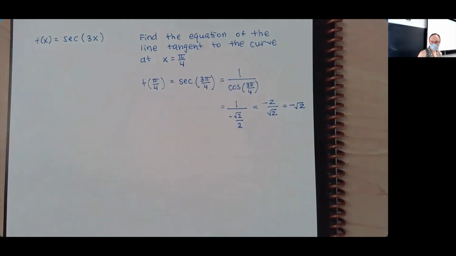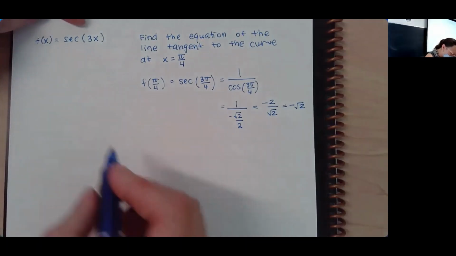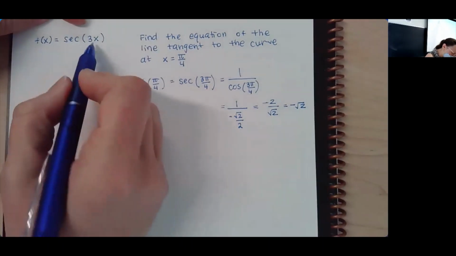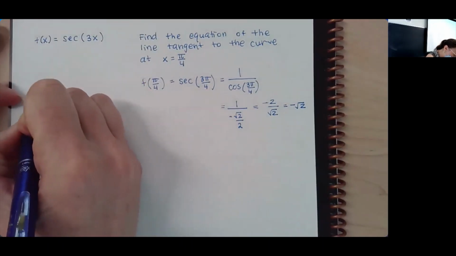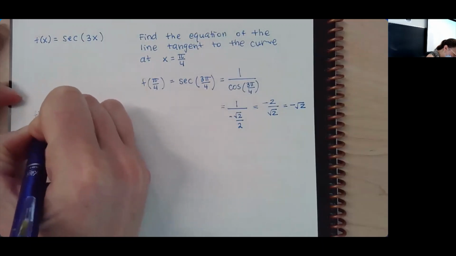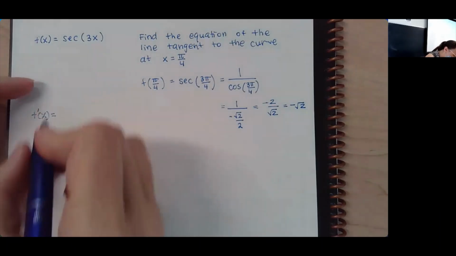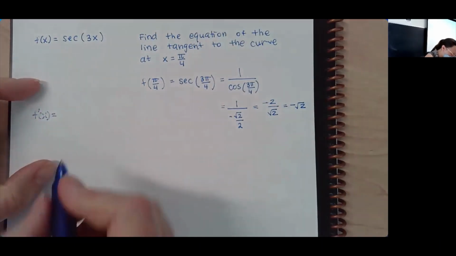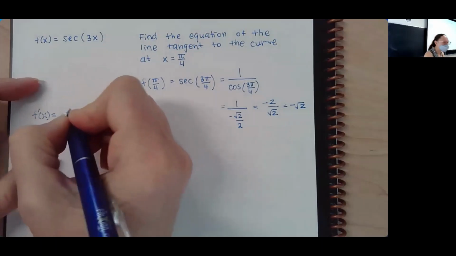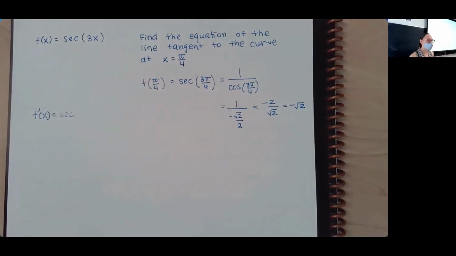To find the slope, I've got to take a derivative. So I'm looking at this, f of x equals secant of 3x. I need a little bit of space, so I'm going to come down here. Well, that outermost function is secant. And the derivative of secant of something is secant of something, tangent of something. And the reason that I'm being careful about the something part is, and this one's important, calculus cannot change the angle inside of a trig function.